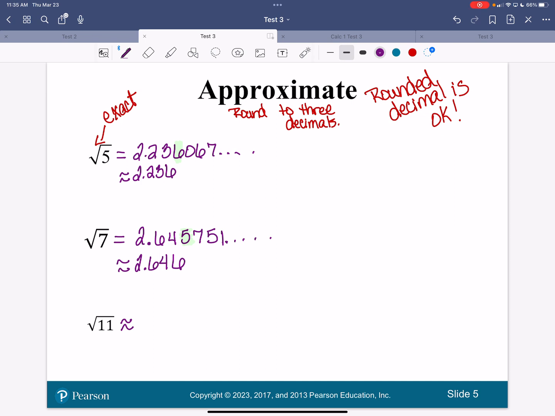What did you get? 3.317. Good. On your calculator, you probably got 3.316624. We're rounding to the 3rd decimal spot, so we look at this 6 telling the other 6 what to do. Because this number is greater than 5, we take this 6 up to 7.